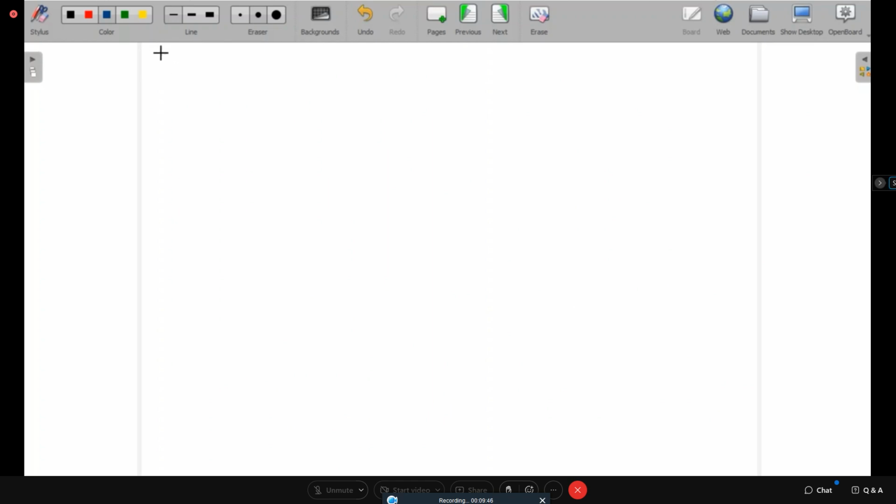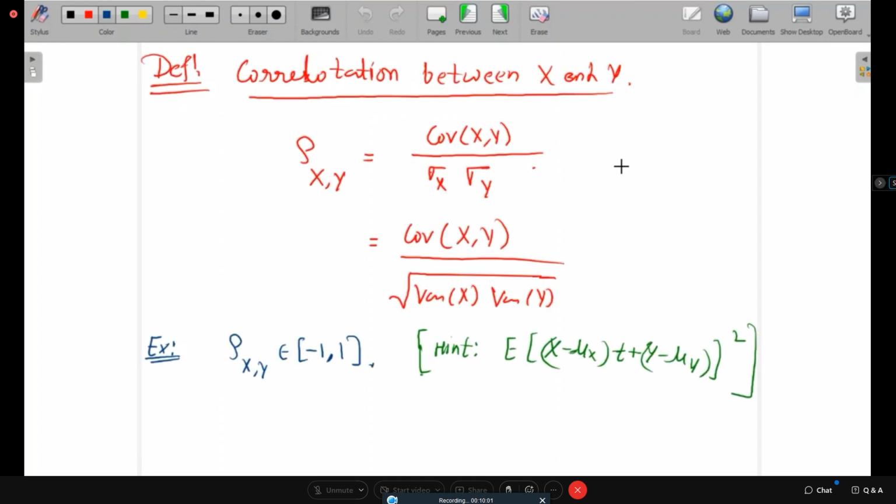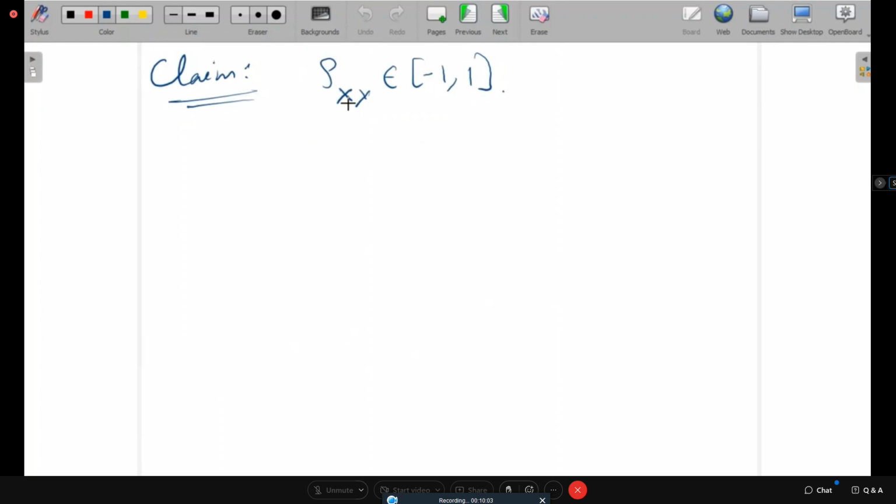Okay, which will be very clear. Our claim is to show that the correlation coefficient belongs to this interval [-1, 1], rho of x comma y.